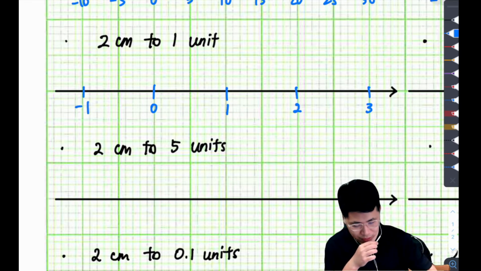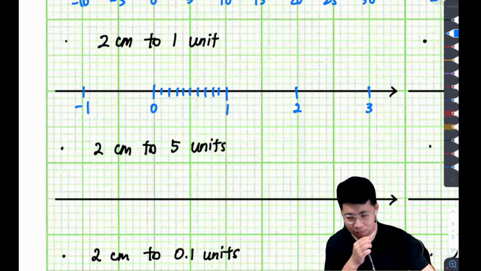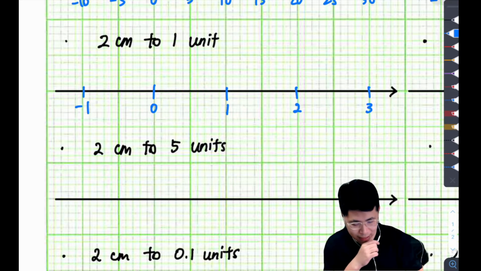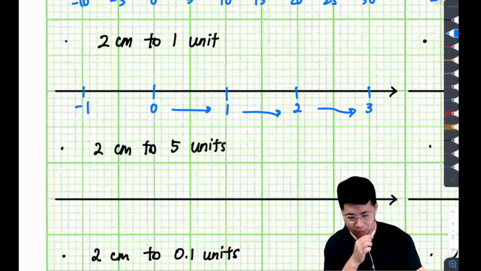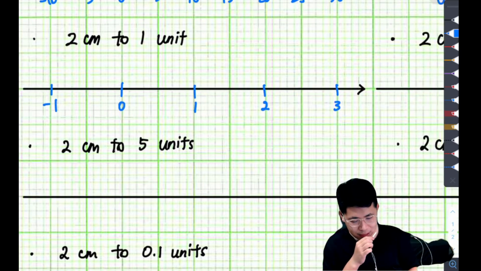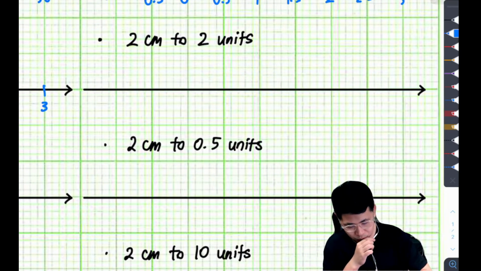Okay, so if you want to read the final print, 0.1, 0.2, 0.3, 0.4, 0.5, 0.6, 0.7, 0.8, 0.9 and so on. Okay, but you don't need to write all this. We just need to look at the bigger one, which is 2 cm. This is really 2 cm, and the difference is 1 unit, 1 unit, 1 unit.